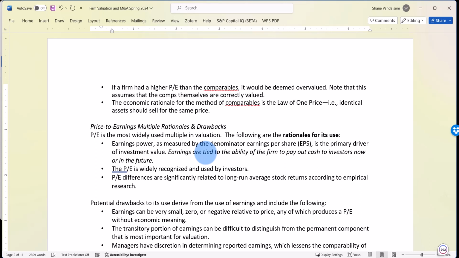The PE is widely recognized and used by investors. And then finally, PE differences are significantly related to long-run stock returns according to empirical research. And what we know is that higher PEs generally lead to lower long-run average stock returns.